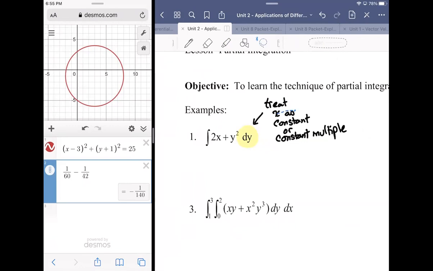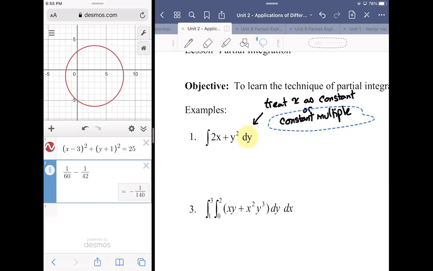All right, so treat x as either a constant or a constant multiple. All I mean is either a standalone constant or a coefficient in some capacity. Because in this case, we don't have a term that involves both an x and a y, but we could, as you can see in the example right below.